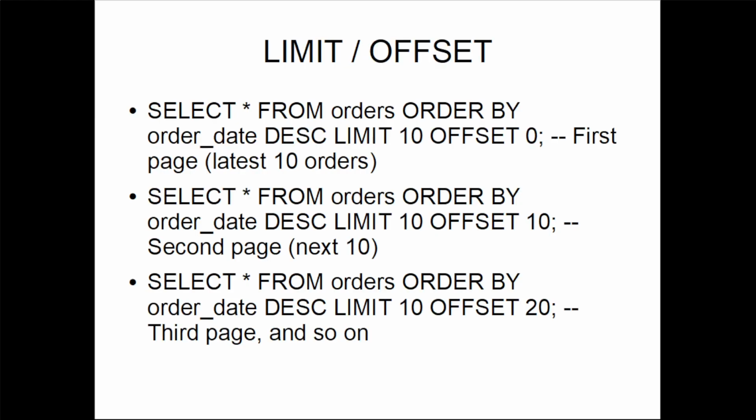Offset tells the database how many rows to skip. On the slide you see an example of showing 10 records at a time. The first query gets the first 10 orders, offset 0, no rows are skipped. The second query skips the first 10 and returns the next 10. The third query skips the first 20 and returns the next 10. This is useful for pagination in apps, where users click next page to see more data.